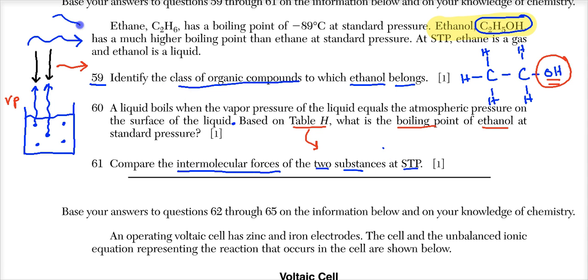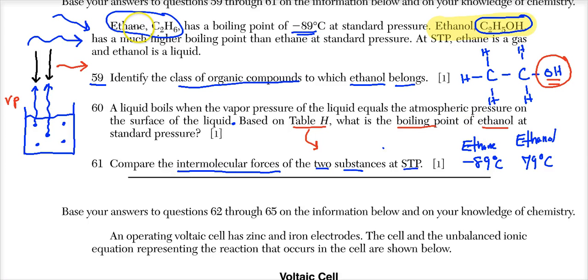So we have to go back into our blurb, and the two substances are ethane, which has a very low boiling point, and our ethanol, which we just found out to have a boiling point of approximately 79 degrees Celsius, and we have negative 89, a very large difference in boiling point, much lower for the ethane, which we should know as a hydrocarbon with single bonds. Now, compare the intermolecular forces.